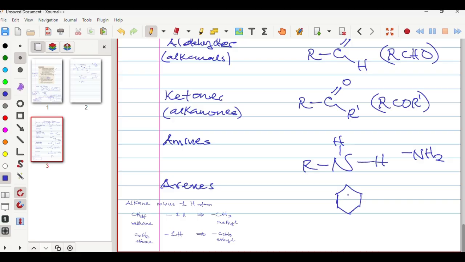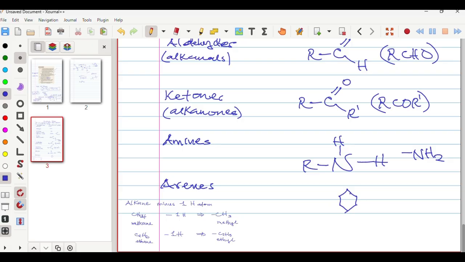So benzene, remember benzene has a drawing. I can tell you it is a hexagon. I will draw it myself. So we have this, this, and this.